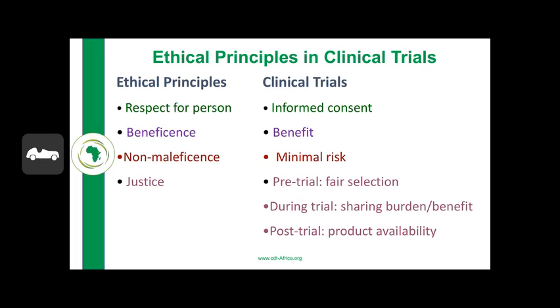Post-trial level. If the trial comes up with developing a new product, this product has to be made available, if possible, at no cost. If not, at least at low cost in the site where the trial has been conducted.